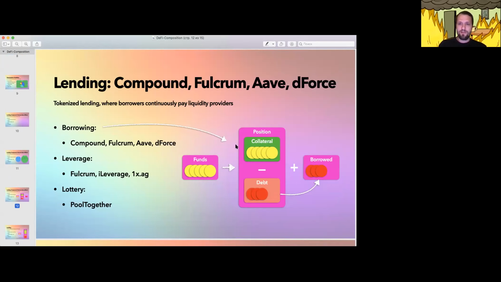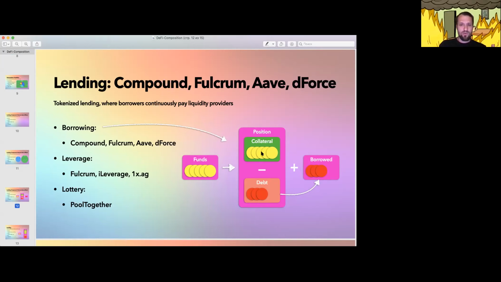You have some funds, you can put them into collateral, you can get some debt, and you will get these tokens from debt in your hands. So if you put Ether, you will have tokenized Ether as collateral, C Ether, and you will also have borrowed DAI in your hands, and you will not be able to move this C Ether from your wallet, because every time you try to move collateral, it checks if you have debt.